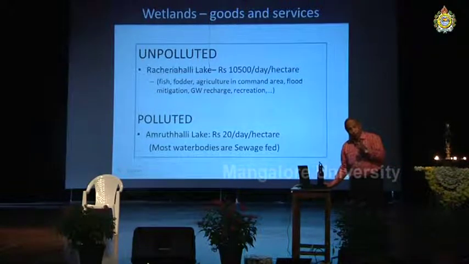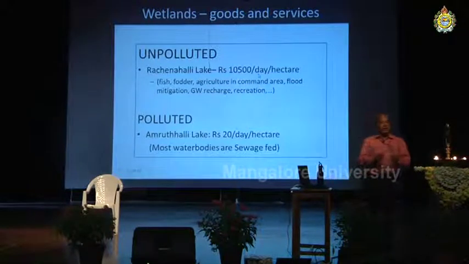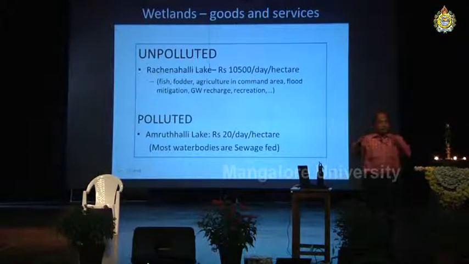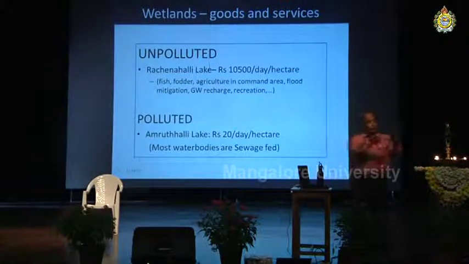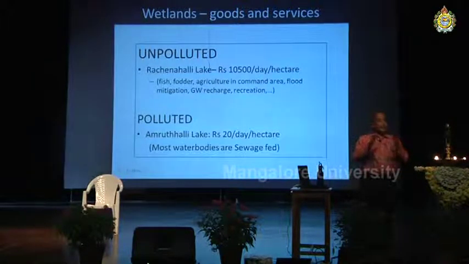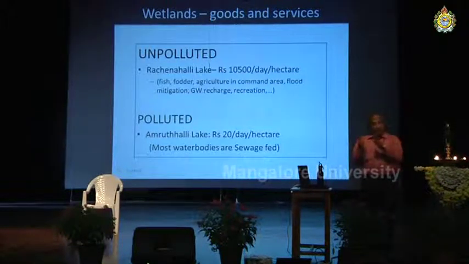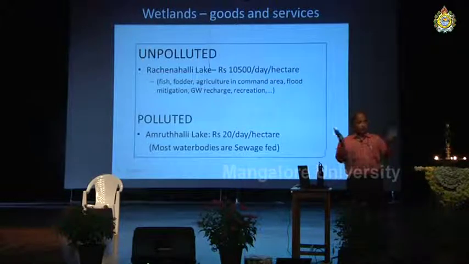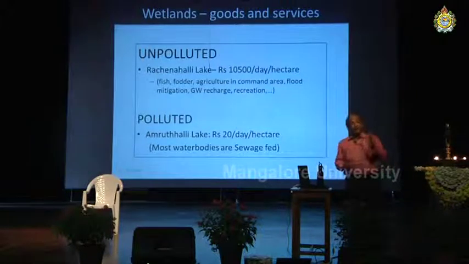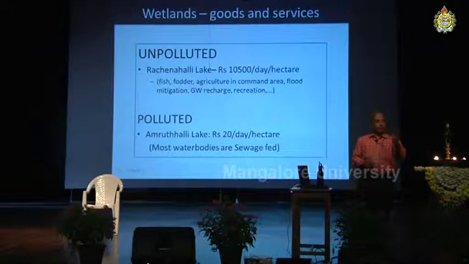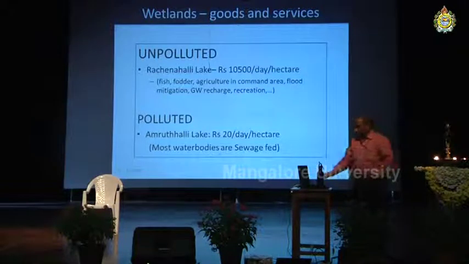When the lake is in good condition, it's about 10,500 rupees per day per hectare. People get fish, fodder, etc. That means by polluting the lake, we are making the people in that vicinity lose their livelihood. The fishermen lose their fish and the farmers lose fodder for their livestock. This is the implication of elite people polluting the water bodies in this country.